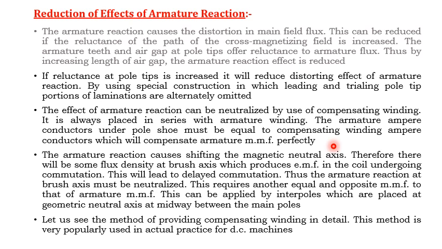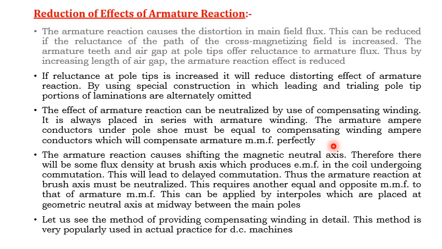There will be a delayed commutation, and in order to avoid this delayed commutation, interpoles are used. This interpole provides the opposite MMF to that of the armature MMF. Due to the MMF produced by the interpole, the armature MMF is neutralized.